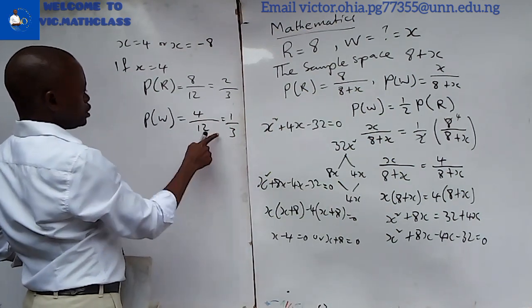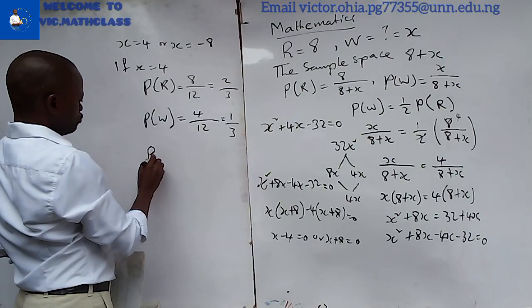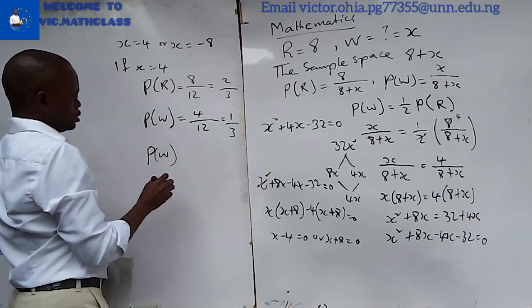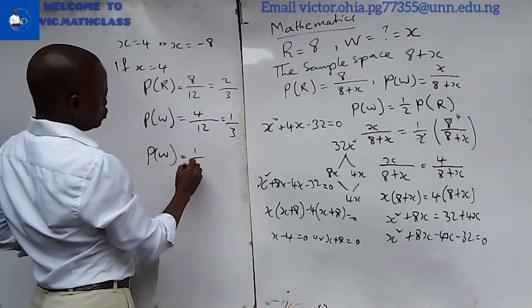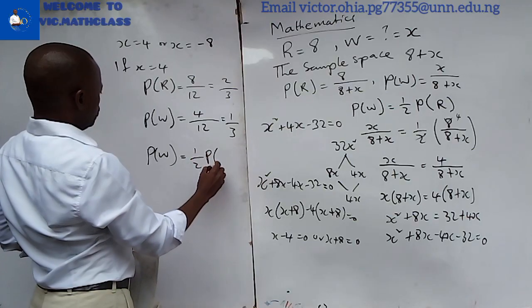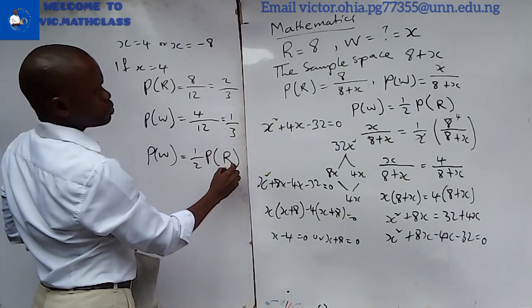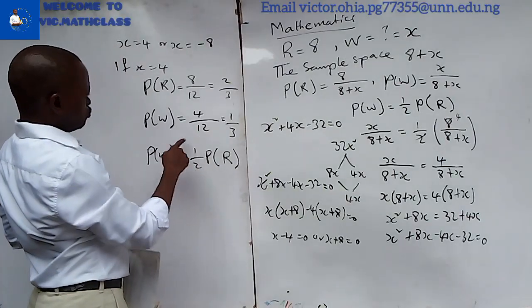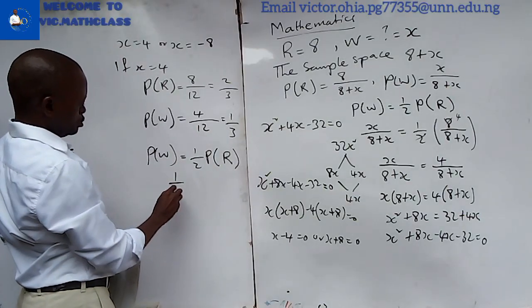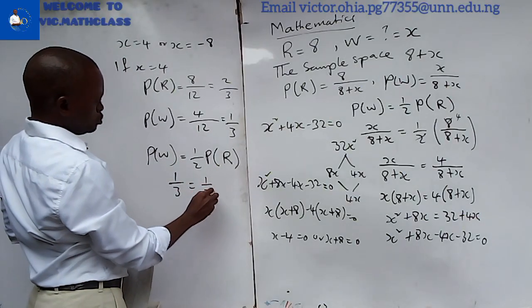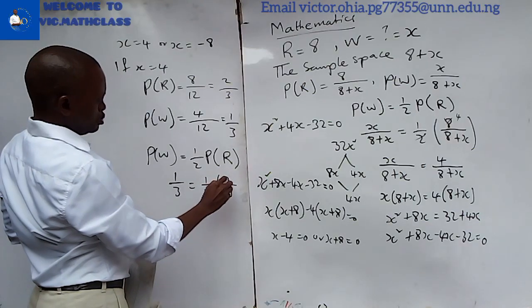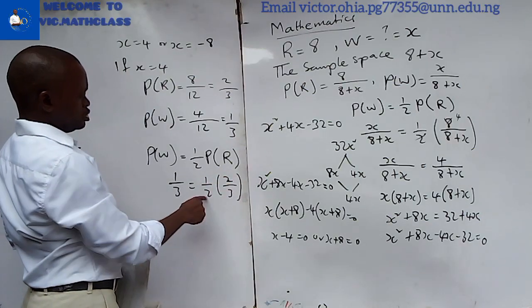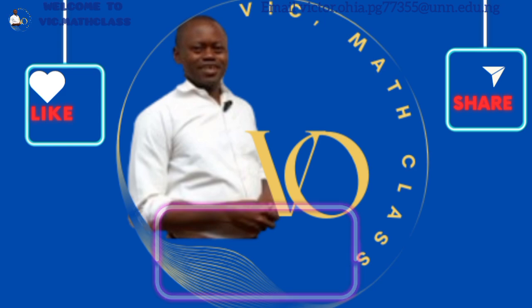If you look at it, you realize this concludes the matter, that P of white is equal to 1 over 2 P of red. I hope that is what we have there. Yes, half of this. So you realize that P of white here, this 1 over 3, is the same thing as 1 over 2 in brackets 2 over 3. So this cancels this, and you return back to this.